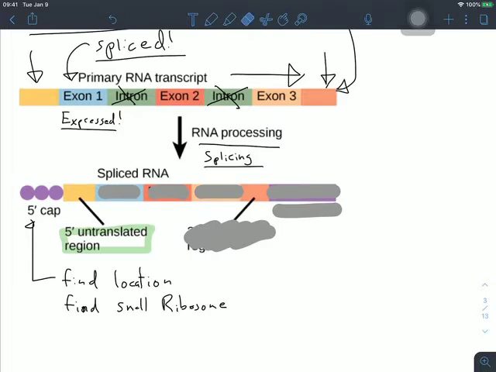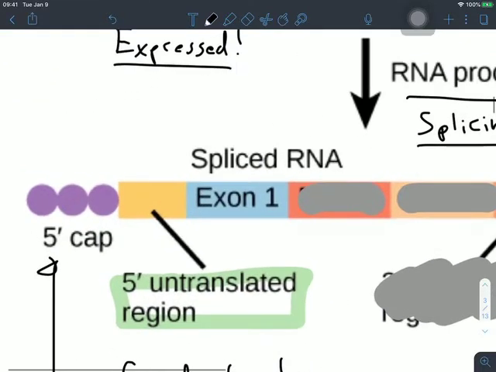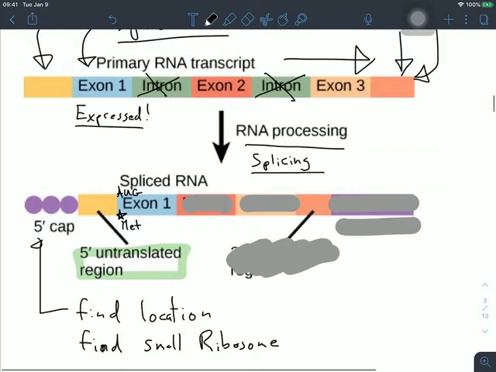The first exon will begin where you have the first start, the first MET or AUG codon present in the spliced RNA. So exon 1 will begin with a start codon. Everything upstream of it is that 5' UTR for short, untranslated region, and it also can help with this locating and finding of the small subunit of the ribosome.